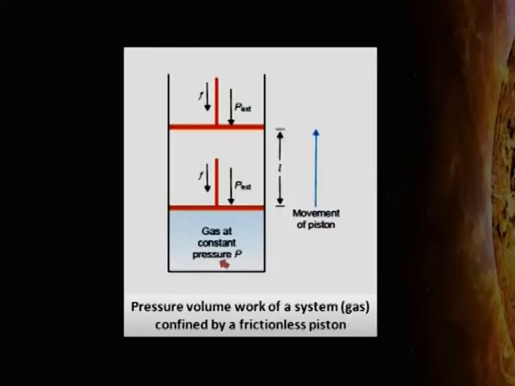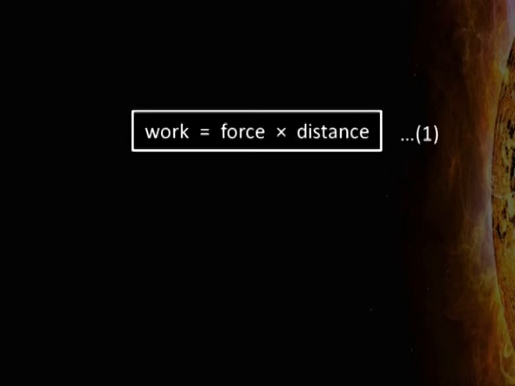If the gas expands at constant pressure, the piston would move through a distance of L as shown in this figure. The cross-sectional area of the piston is A. Now, work will be equal to force into distance, as you know by the definition of work.